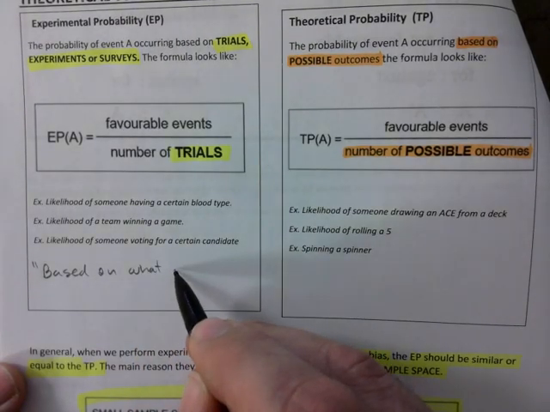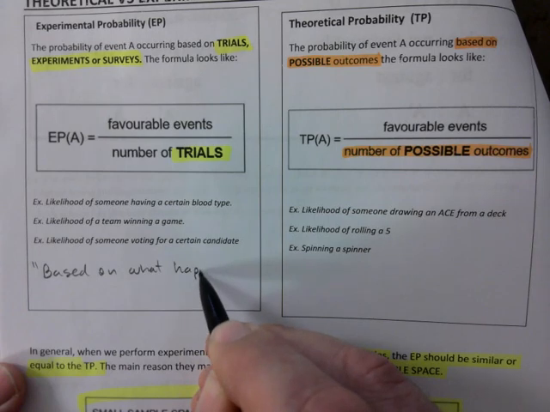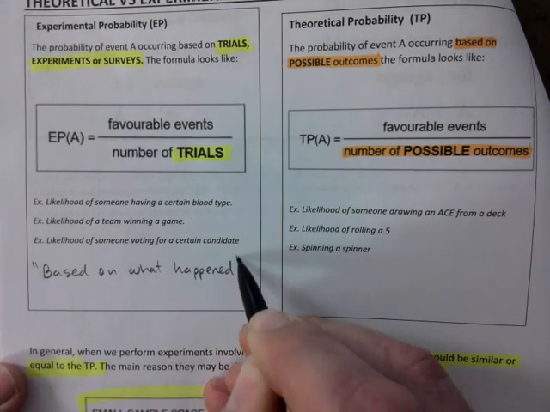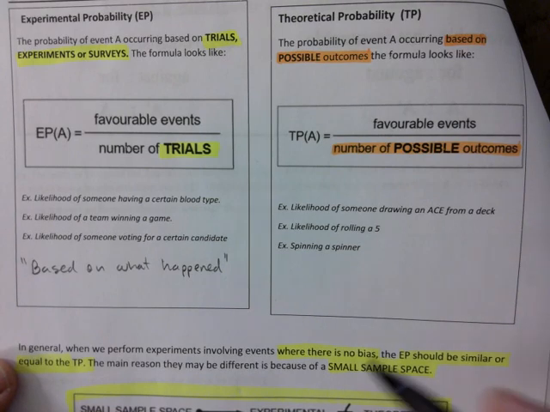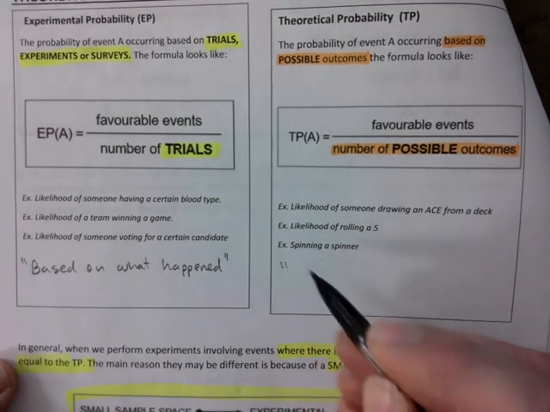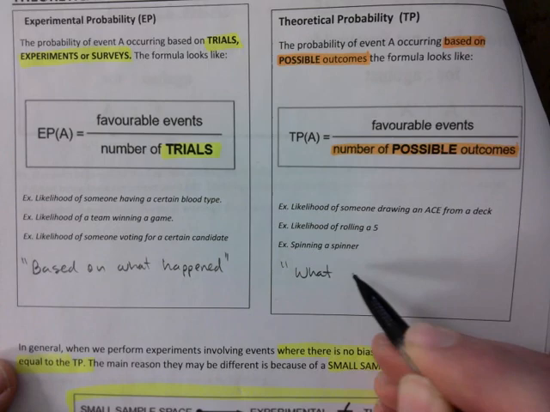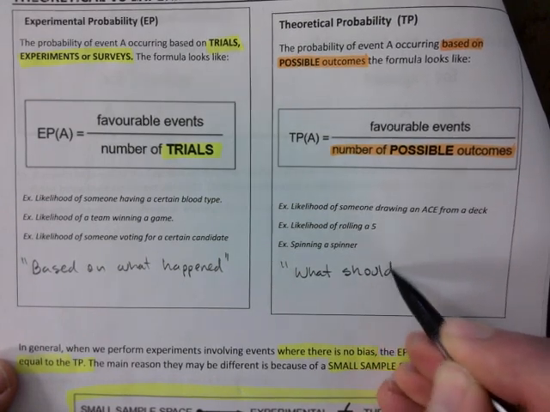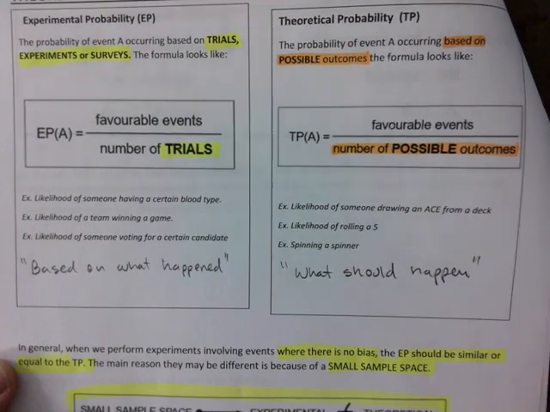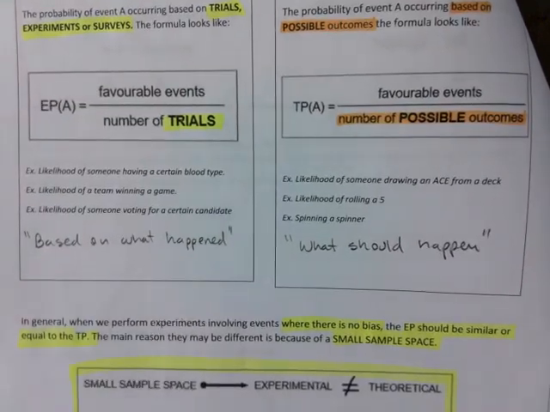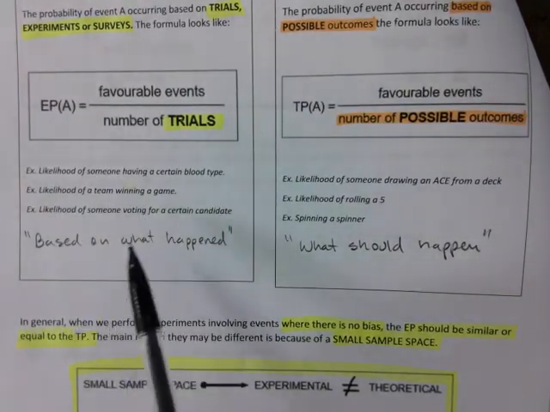what happened, right? The experimental probability is based on what happened, right? Where this is more like what should happen. The first one is based on what actually happened.